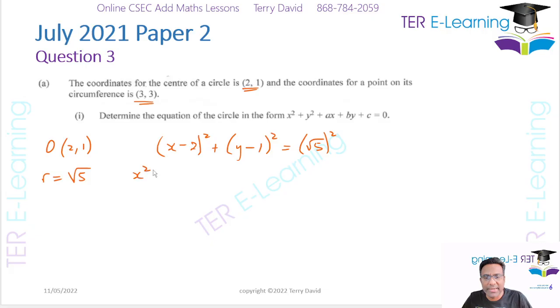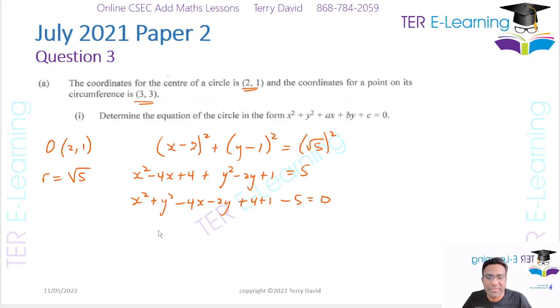So this is going to be x squared minus 4x plus 4 plus y squared minus 2y plus 1. When I square the square root of 5, I'm going to get 5. So this here is going to be x squared plus y squared minus 4x minus 2y plus 4 plus 1 minus 5 is equal to 0.